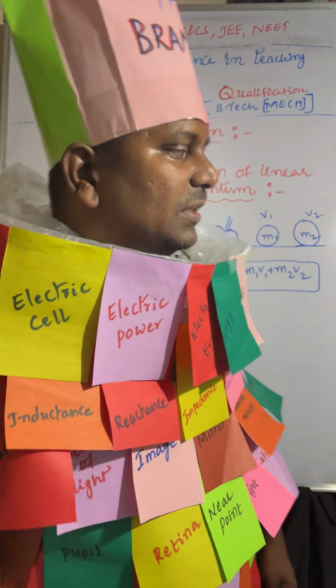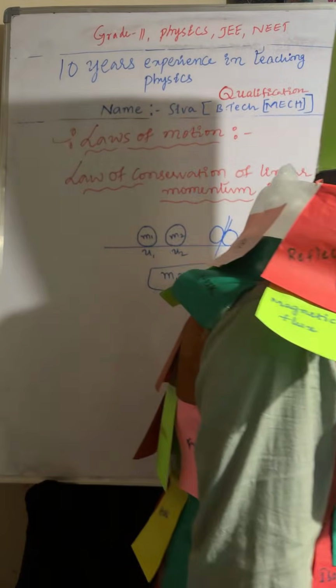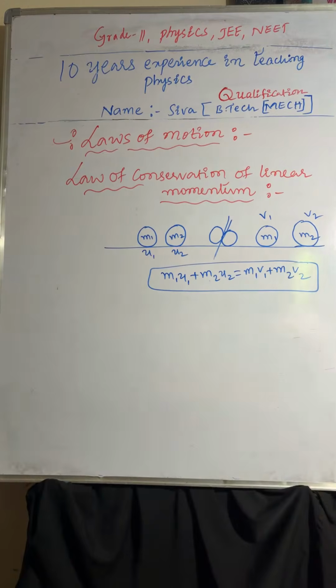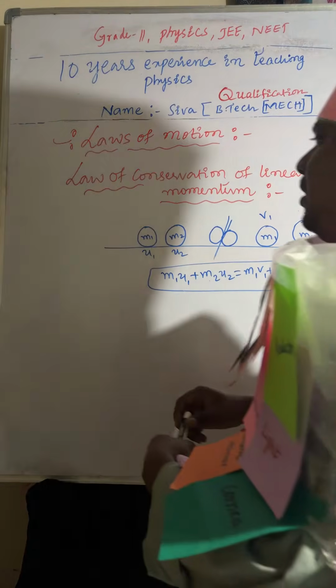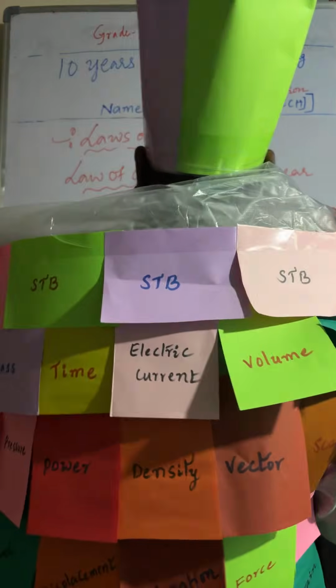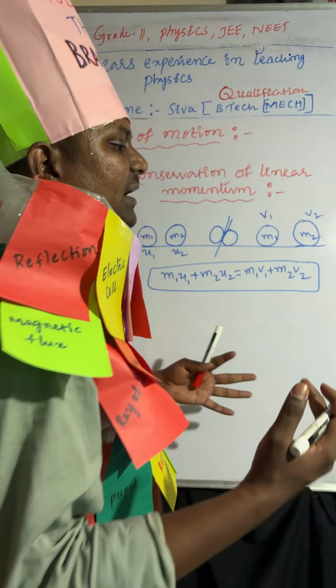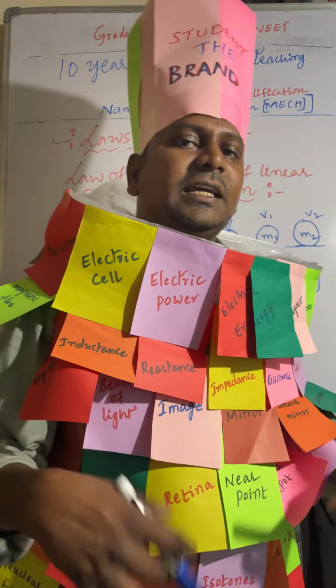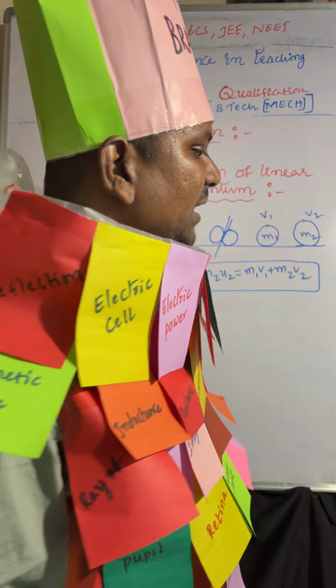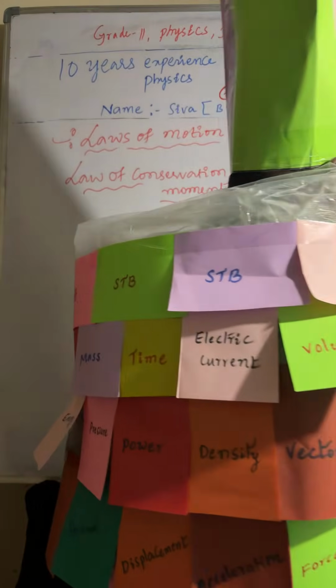Understood or not? I hope it is very clear. To find the recoil velocity of the gun, we can use this formula. Even kinetic energy: law of conservation of kinetic energy. Kinetic energy before collision equals kinetic energy after collision. Understood or not? I hope it is very clear.